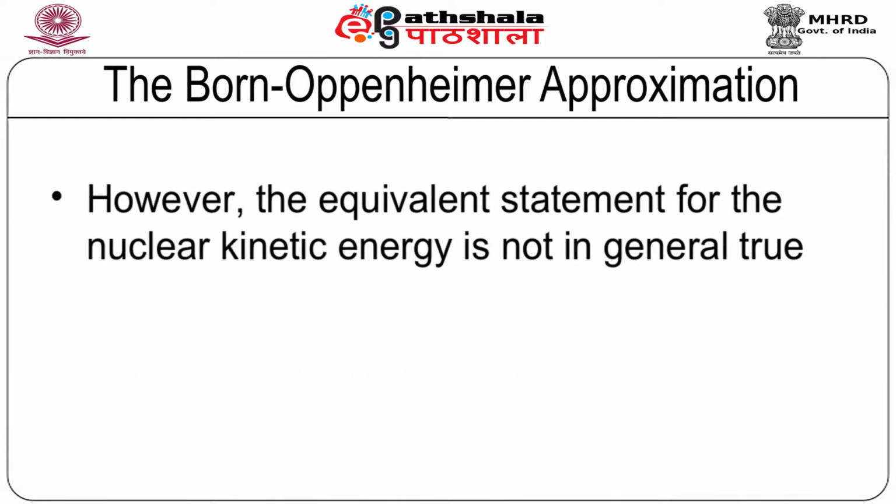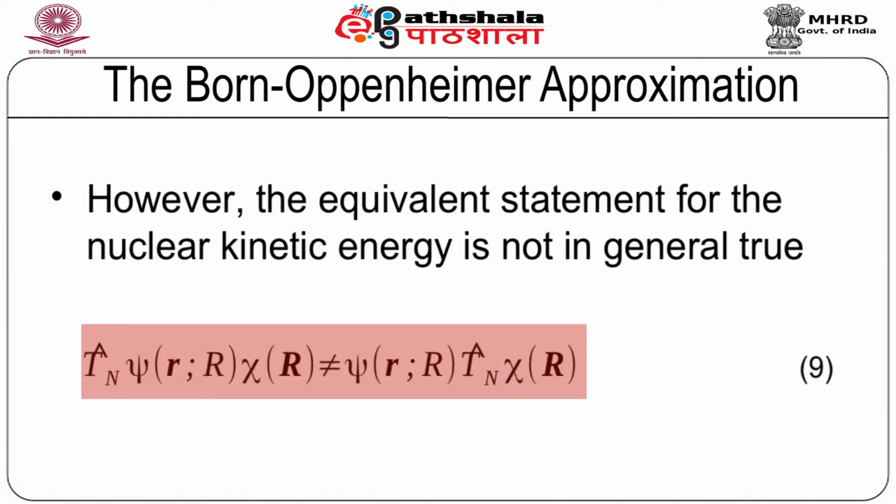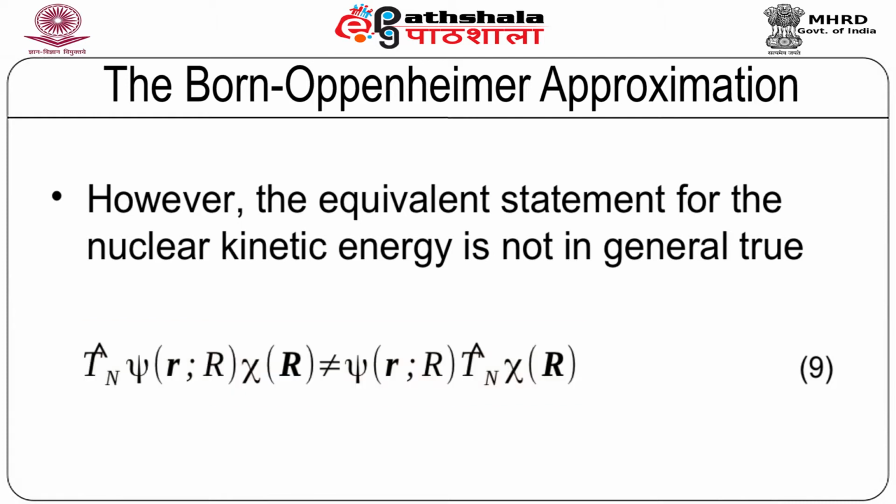However, the equivalent statement for the nuclear kinetic energy is not in general true, as in this equation Tn ψ(r,R) χ(R). This cannot be written as ψ(r,R) Tn χ(R) because ψ(r,R) contains a nuclear coordinate dependence.